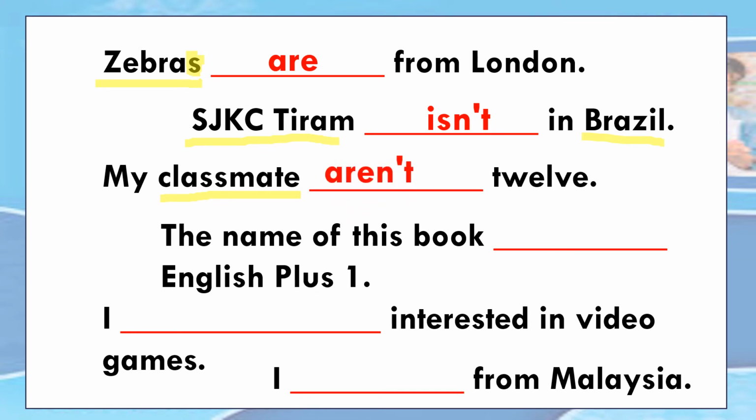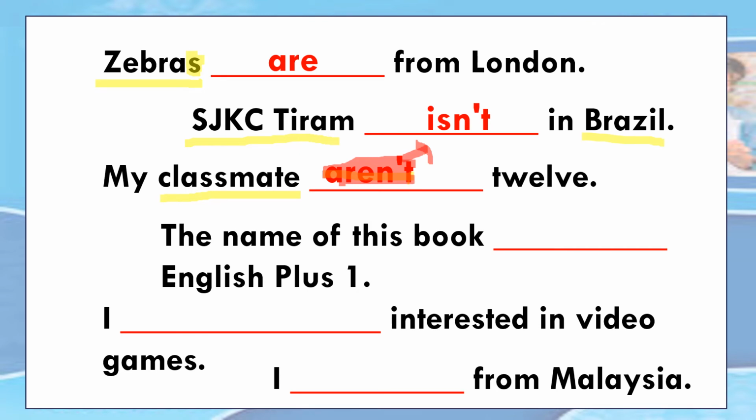No. Okay, so for this one, I made a mistake. This one should be isn't. It's not aren't. So my classmate isn't 12. You cannot say my classmate aren't 12 because there's only one classmate. Okay, let's move on to the next one.